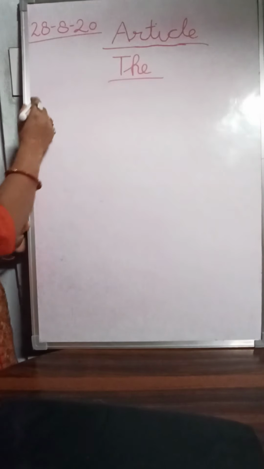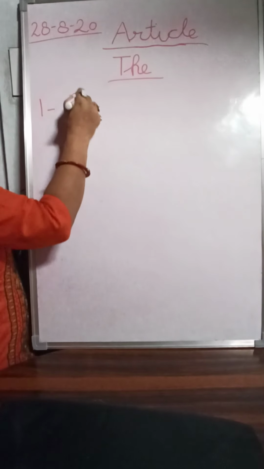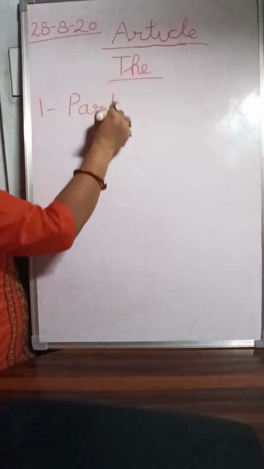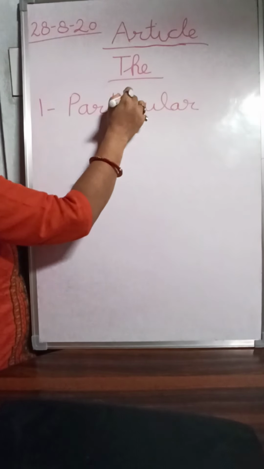Article the is used in many ways. We use article the in many ways. Okay. First thing, there are 5 points. First, we are coming to point number 1. We use the when we talk of a particular person.